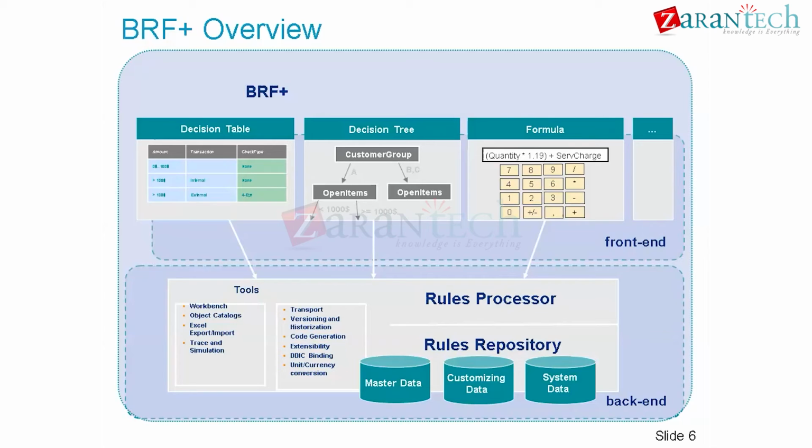I'm calling the BRF Plus function module. So your rule engine is directly integrated with your ABAP code, and you don't have to write the code. 95%, 97% of the code is ready. Only 5% is to assign the function name, assign inputs, and receive the outputs. That's it. Okay, this is the best feature in the BRF Plus application.